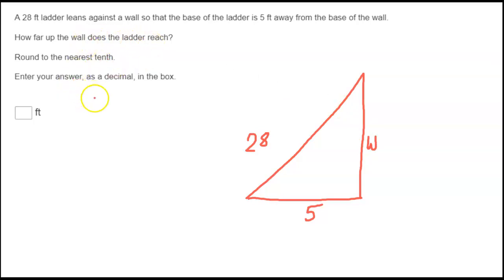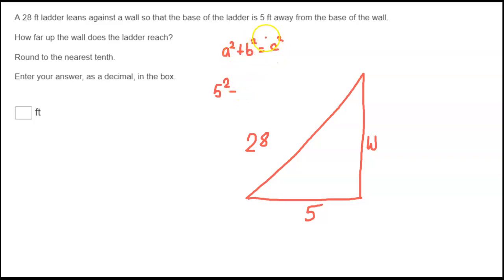Remember that we're using the Pythagorean theorem, which says that a squared plus b squared is equal to c squared, keeping in mind that c is always the hypotenuse. So in this case, since you know what c is and you know what a is, you're going to say 5 squared minus 28 squared.